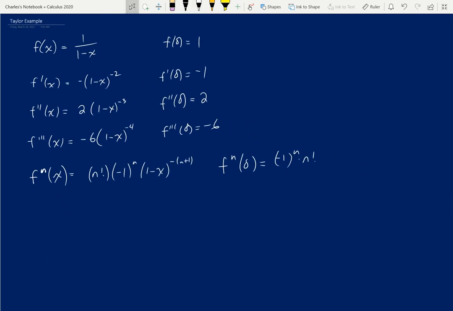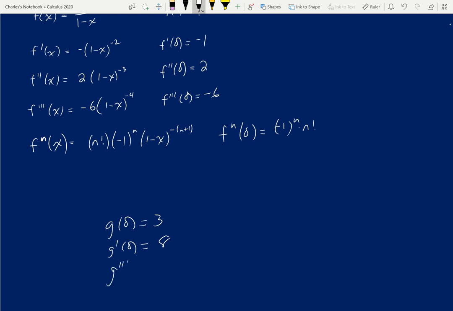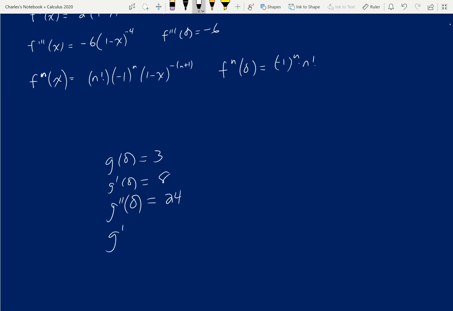And now here is where we're constructing the Taylor polynomial. Let's go back to guess my mystery function just because it's fun. If I say g of 0 is 3, g prime of 0 is 8, g double prime of 0 is 24, and g triple prime of 0 is, let's see, 54.